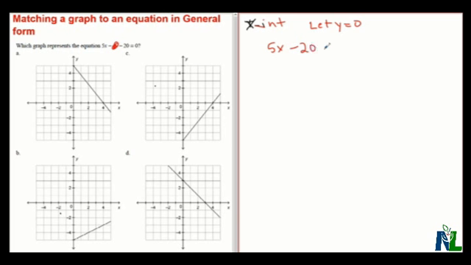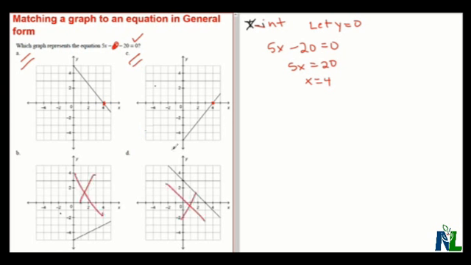Subtract 20 is equal to 0. 5x would equal 20, and of course that would give x equal to 4. So our x-intercept for this equation is going to be 4. That gives us either option A or option C, as the other two graphs do not have 4 for an x-intercept.